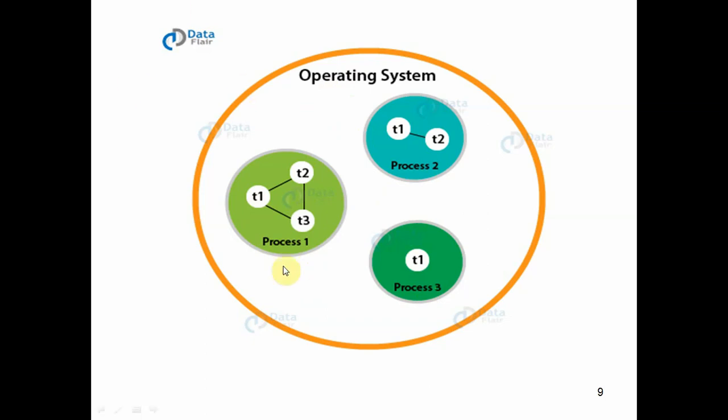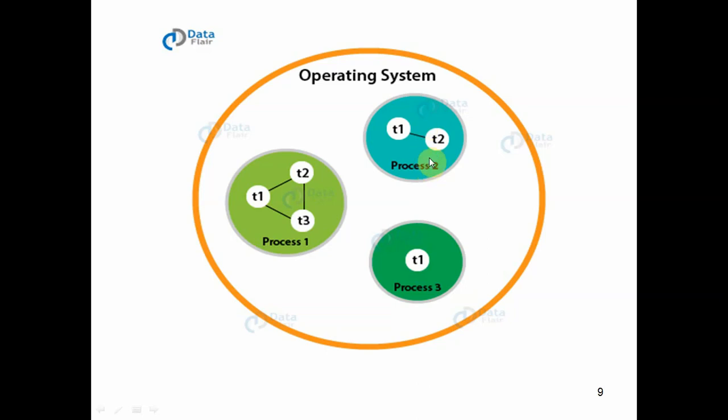Then coming to process 1, it is internally divided into 3 parts as T1, T2 and T3. These 3 parts are called threads. Simply, a thread is a part of the program that runs concurrently with other parts. The statements present within a particular thread are executed sequentially again.